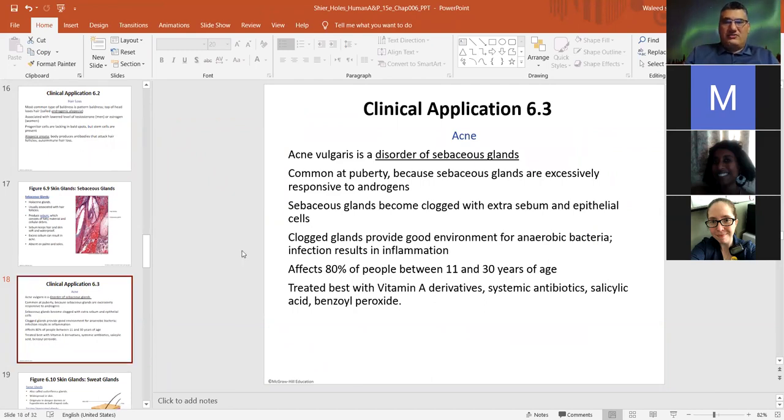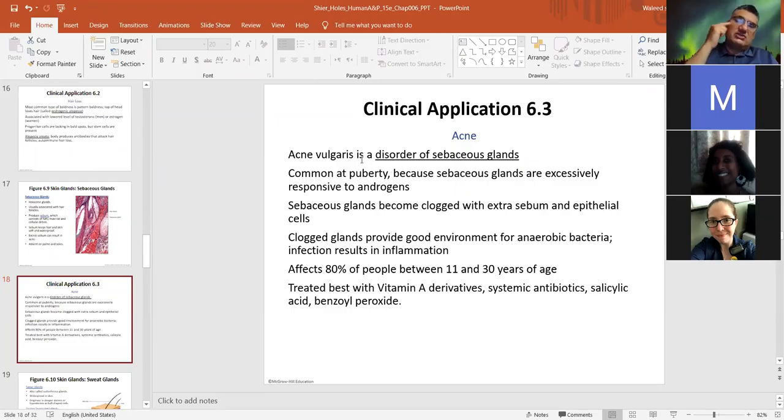Some people can have disorders of the sebaceous gland, and this is called acne vulgaris. I think we're all familiar with acne, especially in teenagers, because the hormones are very active at that time, and they activate the sebaceous glands too much. Then some of these sebaceous glands are closed, blocked. So it's still secreting, but the secretions stay inside until it starts to bulge out.